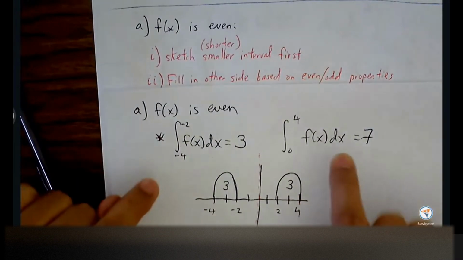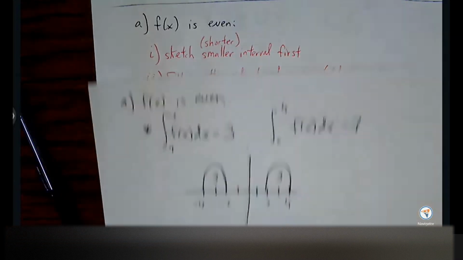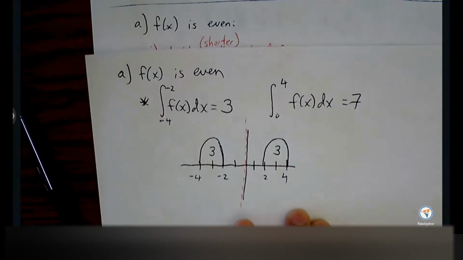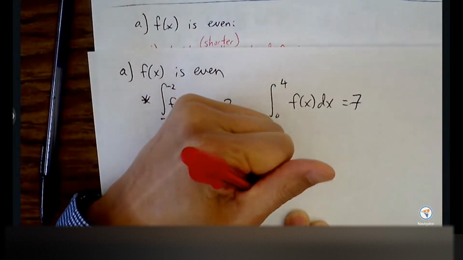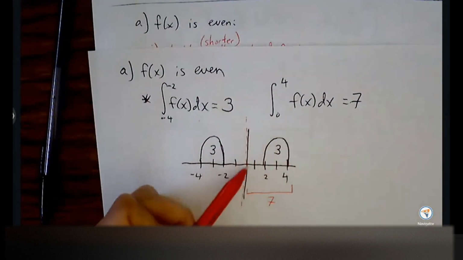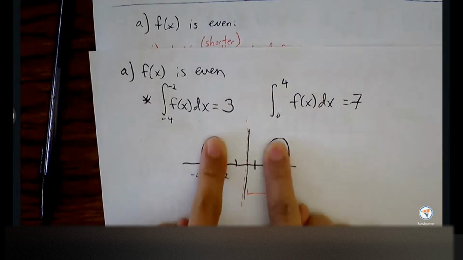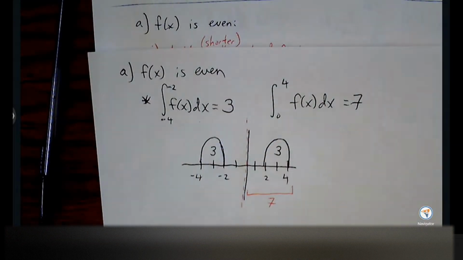Okay. Now, let's move on to the larger interval. The larger interval, we're going to fill in spaces. Now, this whole region from 0 to 4 is going to be 7. But we're not going to overlap this region and call it 7. Okay, this is already set in stone. These two intervals are set in stone. We don't want to be touching it. We don't want to be changing it.